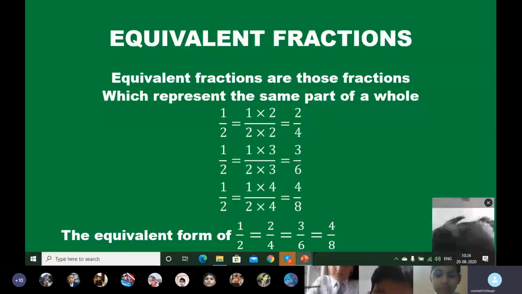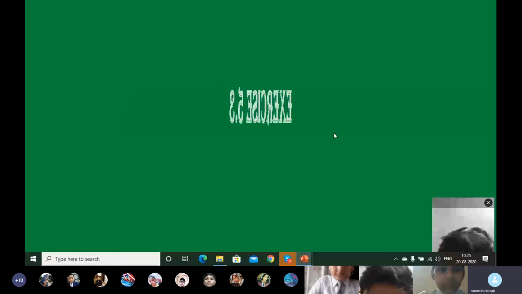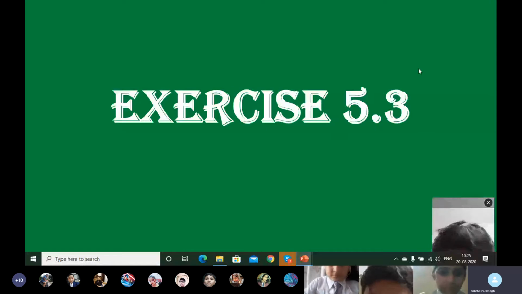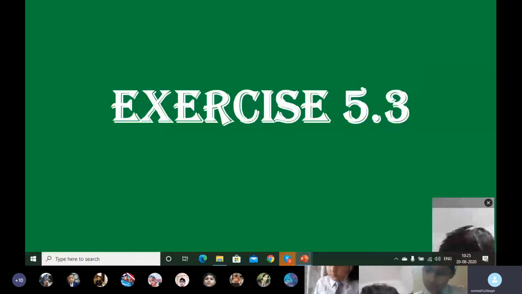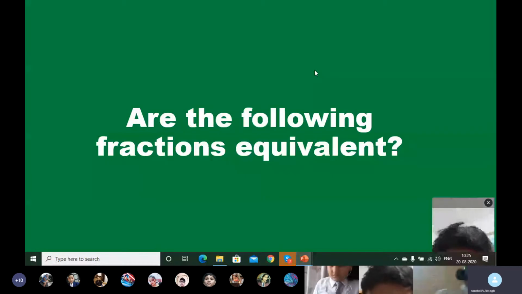Now, let's move ahead. We'll begin with exercise 5.3. Your exercise 5.3 is totally based on equivalent fractions. Let's see the first question. You have to see, are the following fractions equivalent?